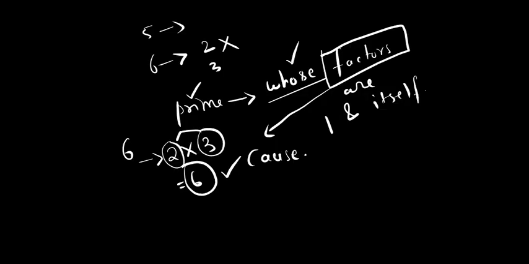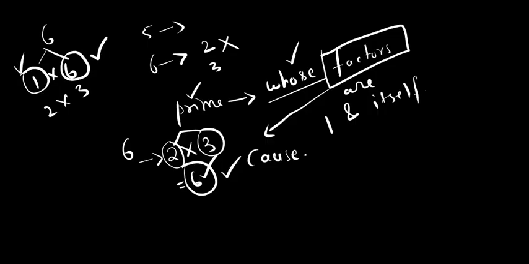These two are the reason to form 6. Only these two are the reason, right? No. For forming 6, 1 into 6 also is 6, 2 into 3 also is 6. So here 1 is a factor of 6, 6 is a factor of 6, 2 is a factor of 6, 3 also is a factor of 6. So these are called factors.